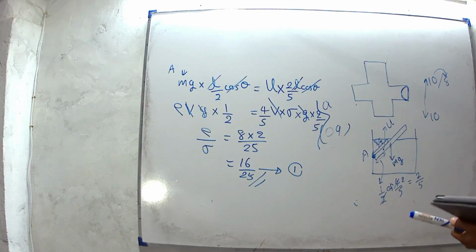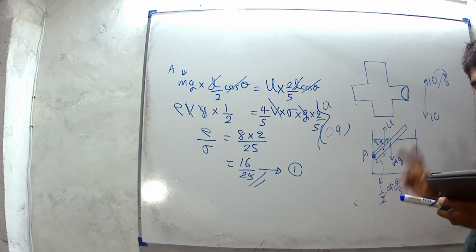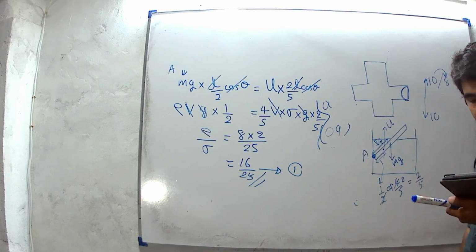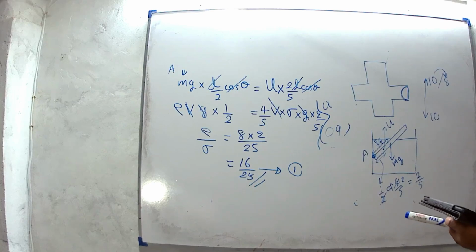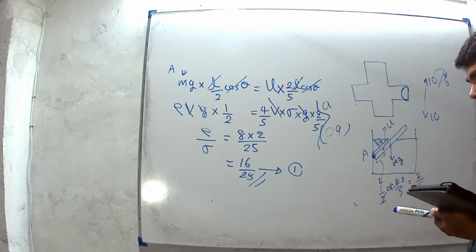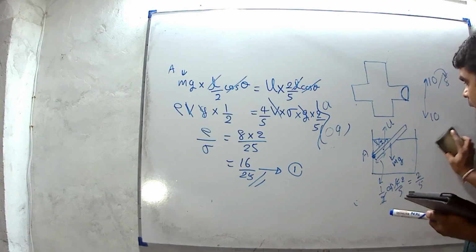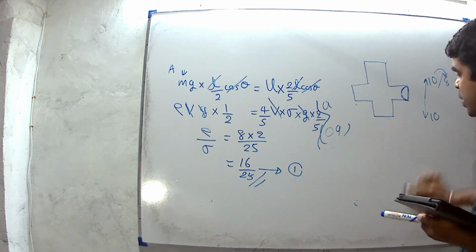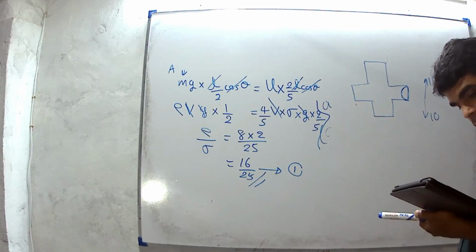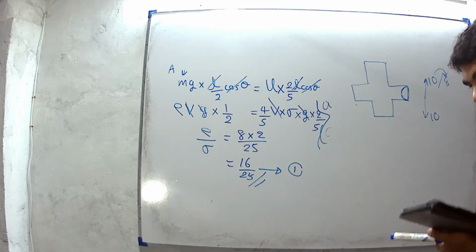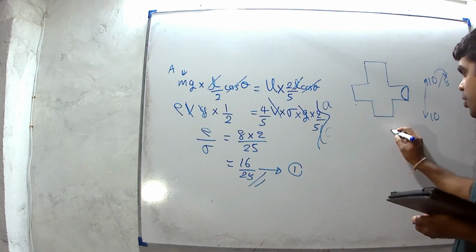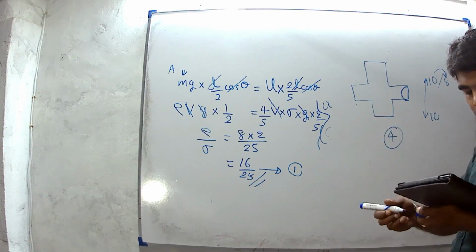But in the third situation, there is no rubber film. Therefore, the object should remain stationary, because there is no volume change for object C. Then the answer should be 4 for question number 10.